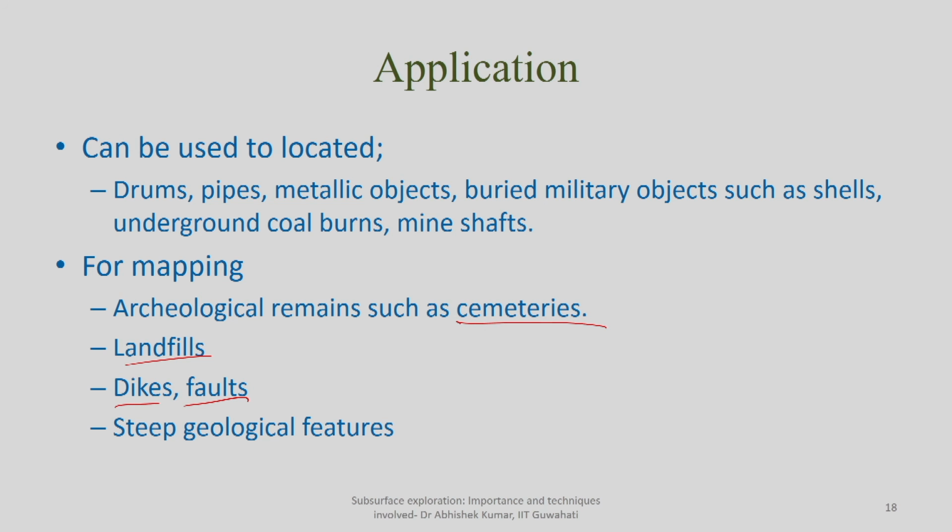As I mentioned, because of unconformity, deposition and weathering characteristics, or the medium characteristics on two sides of the faults, it may give you some kind of magnetic anomaly which, if you can detect by magnetic survey, lets you get an idea, okay, possibly there is a fault here.